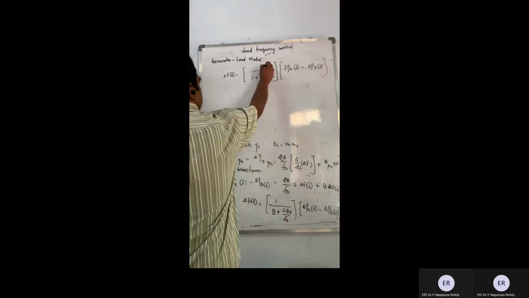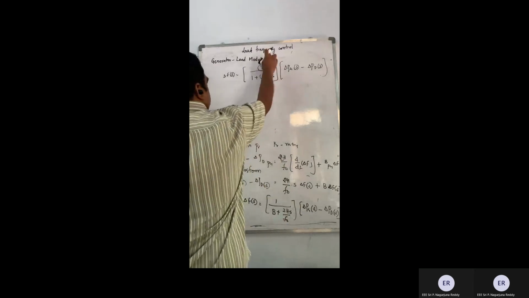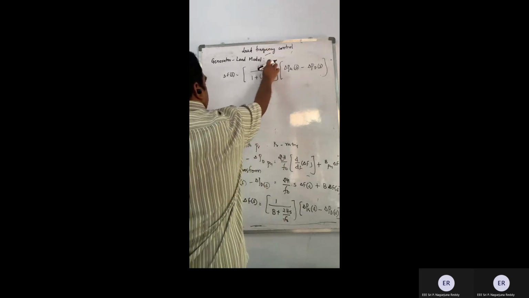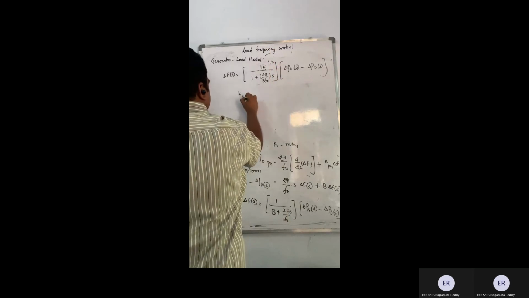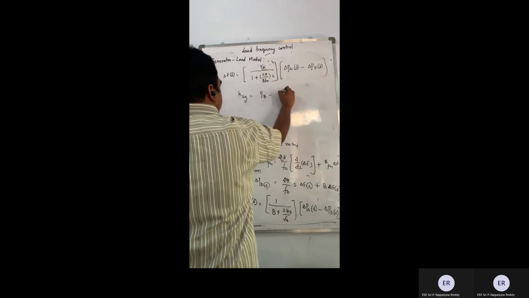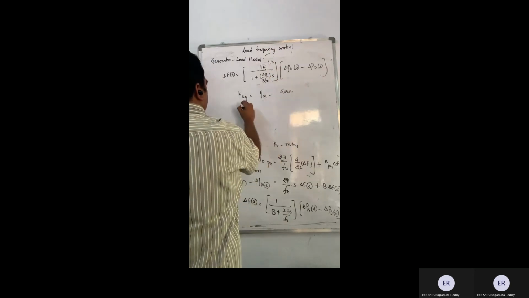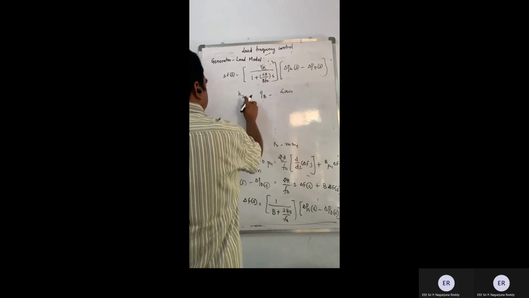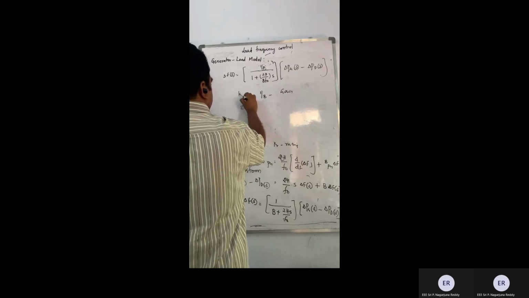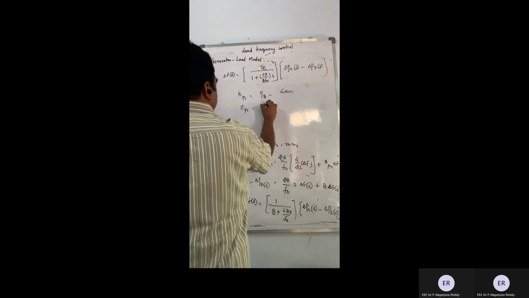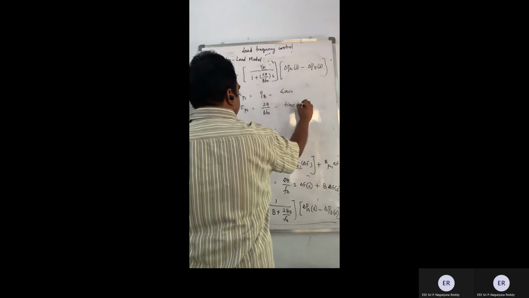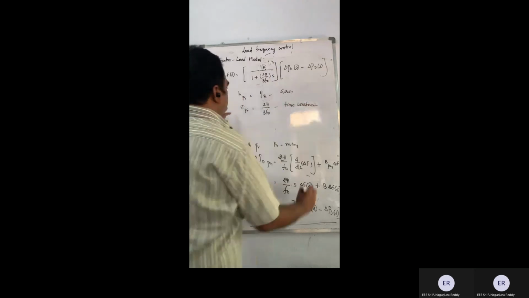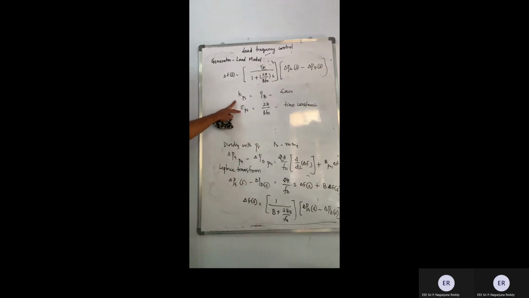Now, this can be employed as, I'll write it separately. I'll consider 1 by B as the gain of this model, and I'll consider this one as the time constant. I'm taking this as PS because this is an electrical power system, generator and load.